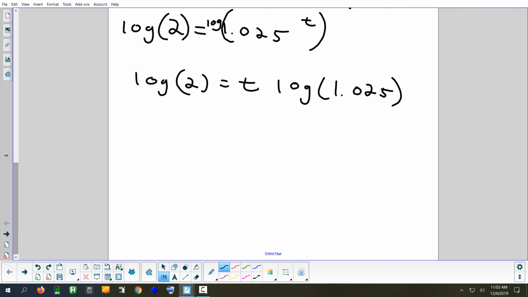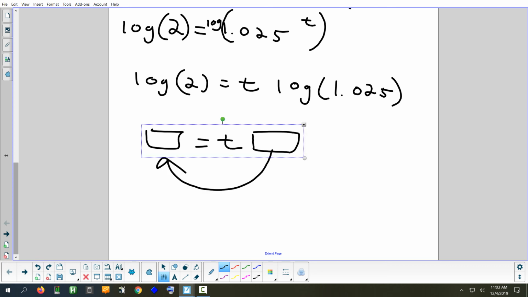Now what we have here is basically a number equals a letter times a number. So all I want to do is move that box next to t to the other side. So when you have a number right next to a letter, what operation do you use to move it to the other side? Divide. Yeah, divide.